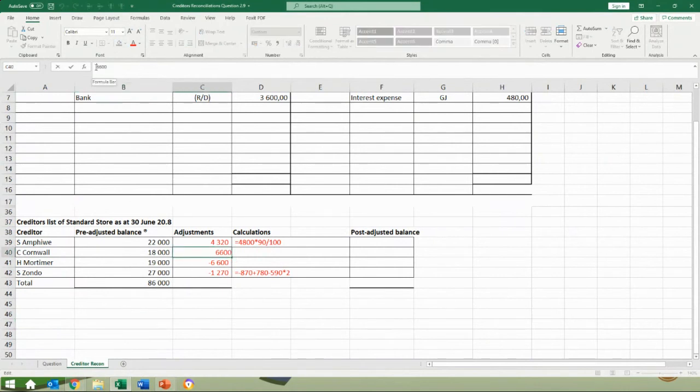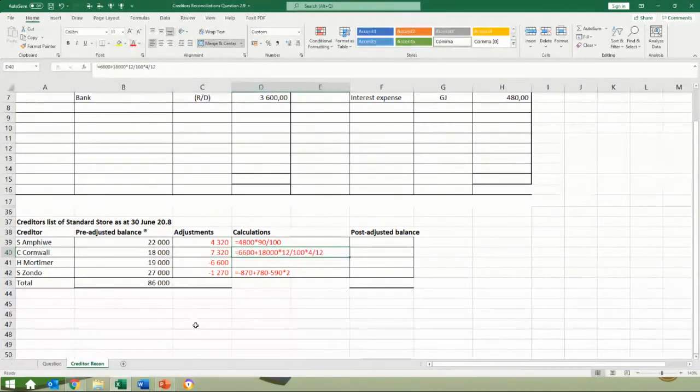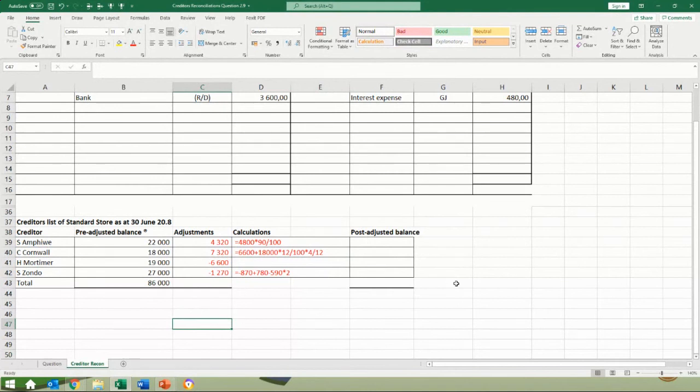Okay, now how do we actually work that out? You take the 18,000, you multiply it with 12%, then you divide it by the 12 months because I want to work out what is the percentage per month. And then I multiply it with the 4 months that it is outstanding to get to that amount. Okay, so that is the calculation.